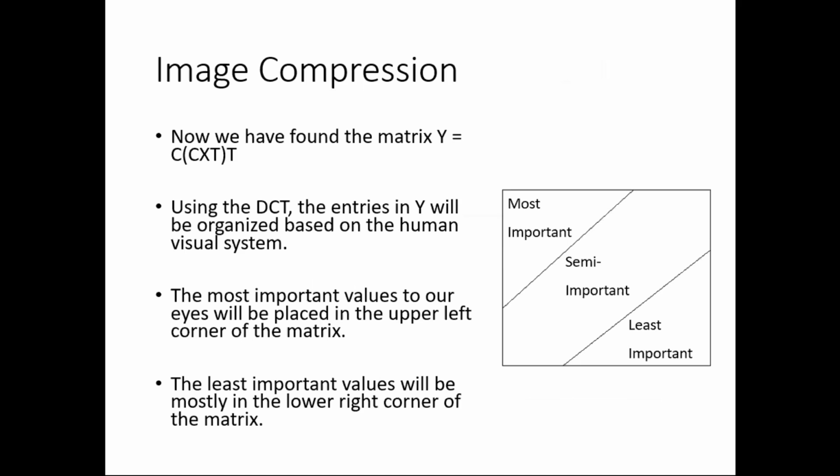Then the least important part will be gathered into the bottom right corner of the image, right? I will show you how to apply the DCT or discrete cosine transformation algorithm using an example, right?